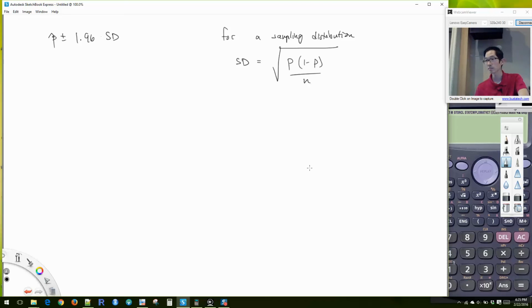Is this okay? All right, so the catch is we don't know p, right? p is the population proportion. We don't know what this is. So what should we do? Yeah, we're going to use p hat. Right now, p hat is our best guess for p, so we're just going to plug in p hat.